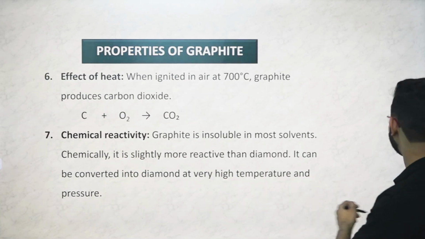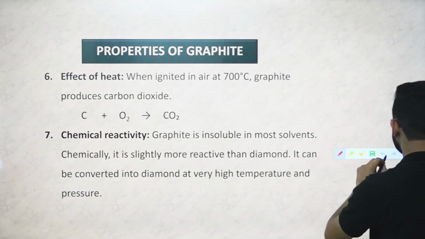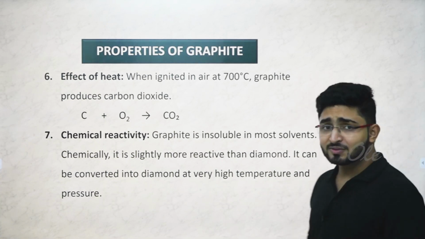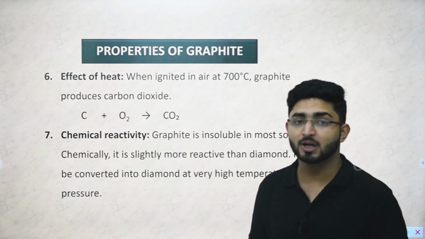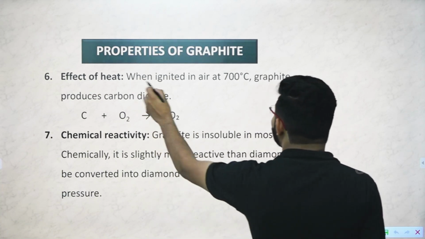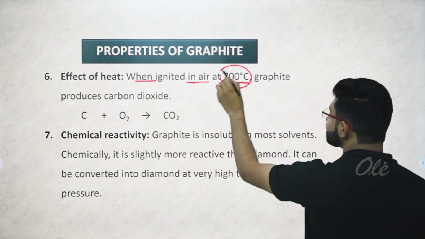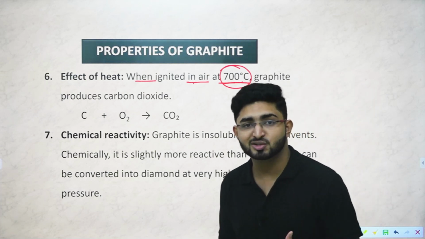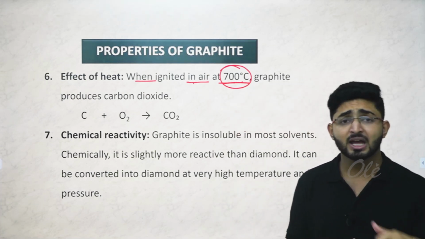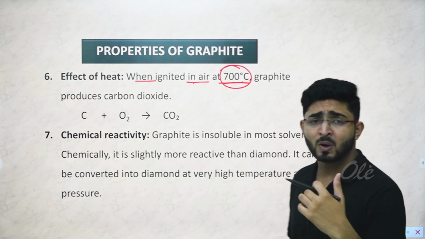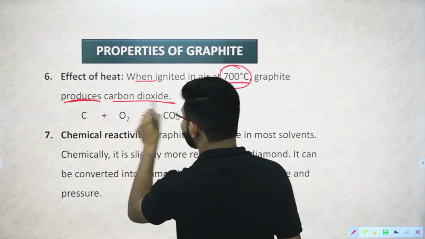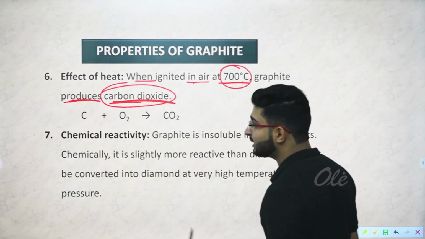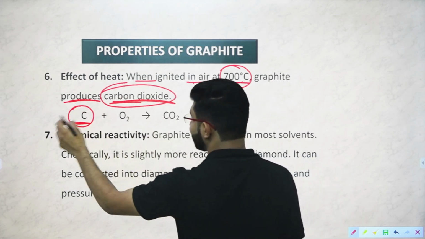Moving ahead, we have the next property, that is the effect of heat on graphite. As we have studied the effect of heat on diamond, we have to study the effect of heat on graphite also. When ignited in air at 700 degrees Celsius, that is, when we are burning graphite at 700 degrees Celsius, graphite produces carbon dioxide.